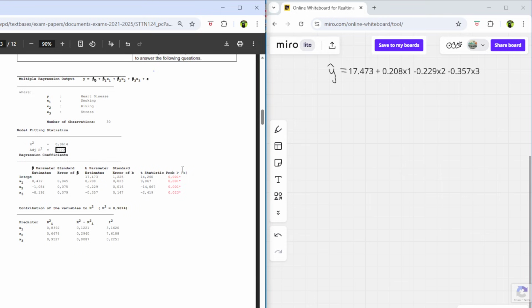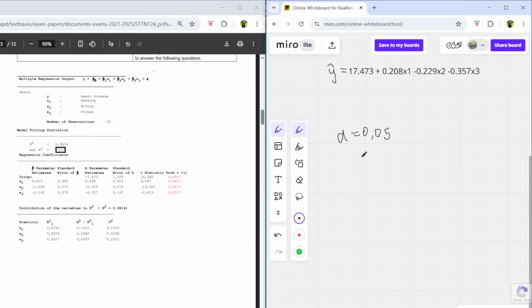If any number under this probability is more than the alpha of 0.05, it does not contribute statistically significantly.